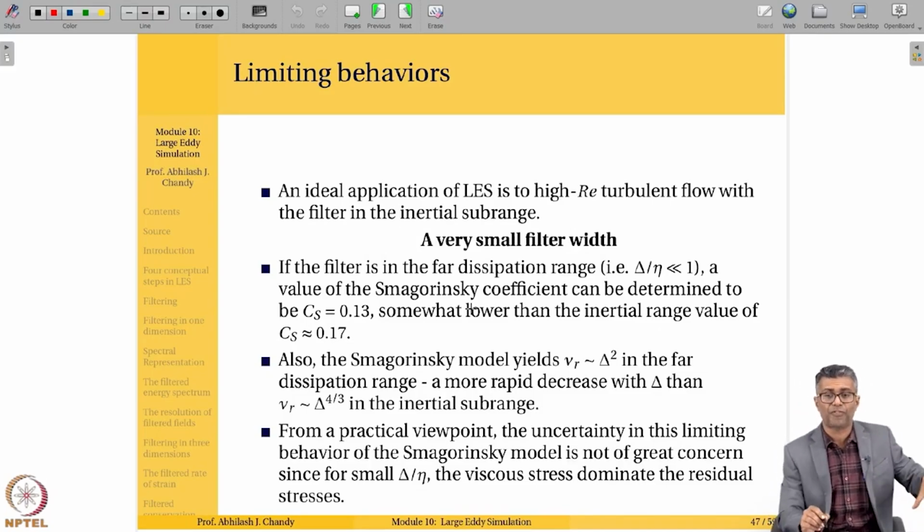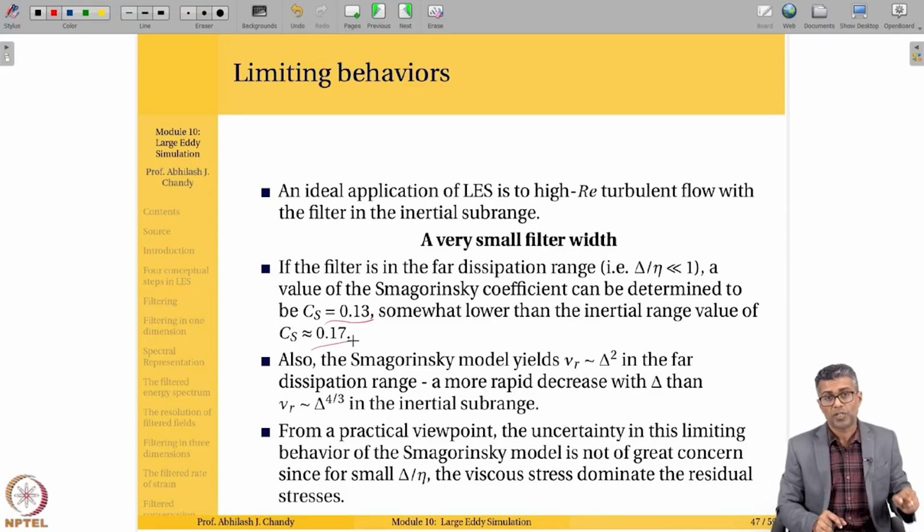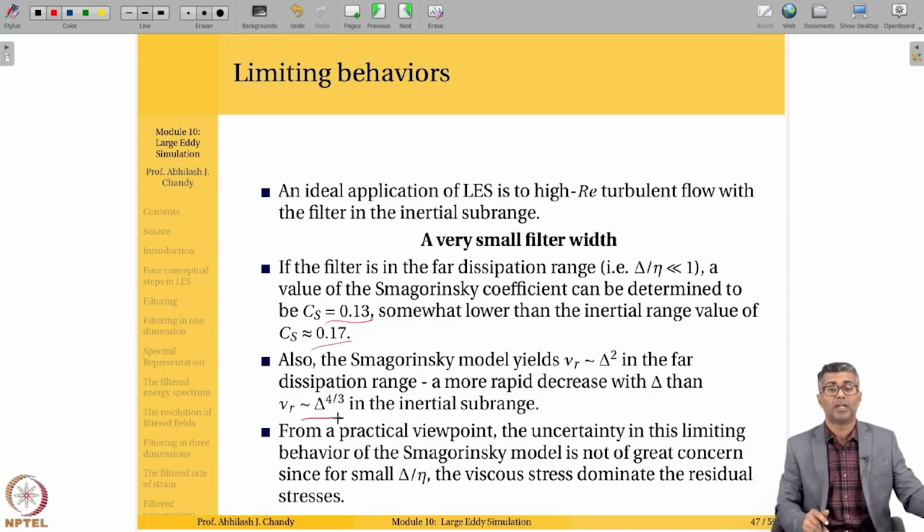If the filter is in the far dissipation range, as in if it is very small, then your Smagorinsky coefficient turns out to be about 0.13, somewhat lower than the 0.17 that we estimated if it was in the inertial subrange. Also, the Smagorinsky model in that case would yield nu_r approximately scaling with delta squared in the far dissipation range, a much more rapid decrease with delta than the delta to the four-thirds that you have in the inertial subrange.